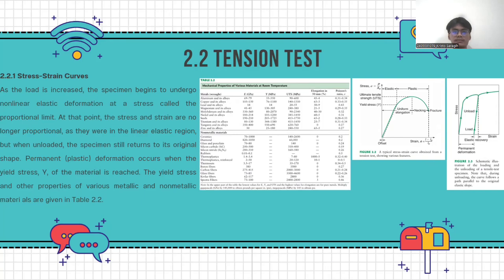Permanent or plastic deformation occurs when the yield stress Y of the material is reached. The yield stress and other properties of various metallic and non-metallic materials are given in Table 2.2.